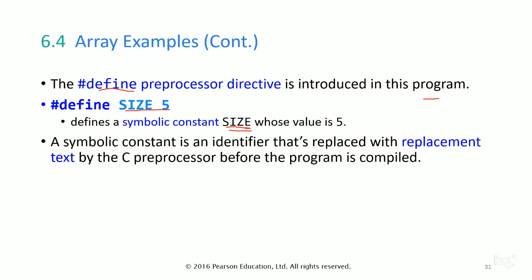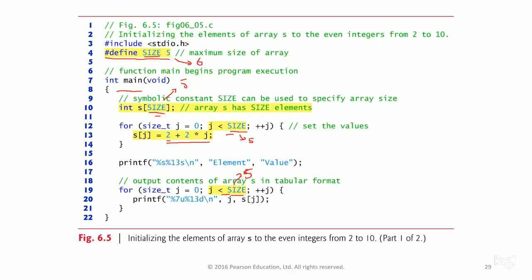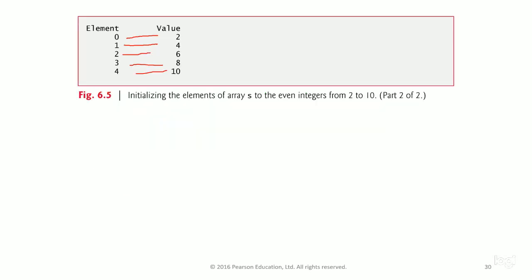Now remember, do not put a semicolon after 5, because if you do, then when it is evaluating the array expressions, instead of the size being equal to 5, it will write something like 5 and then a semicolon.